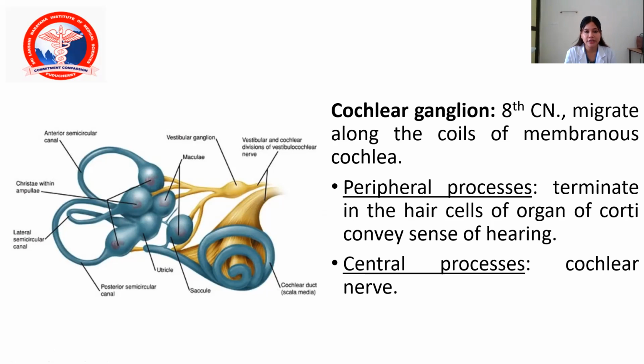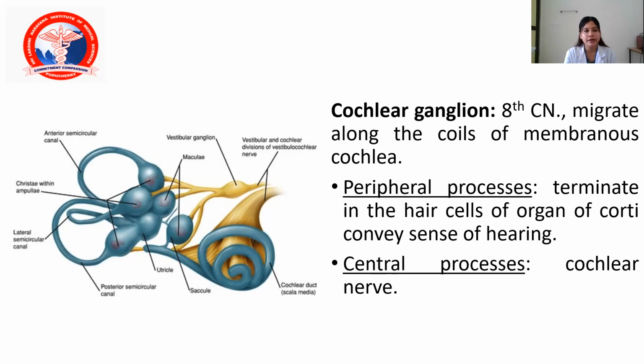As we know, the duct of cochlea is formed as a tubular diverticulum and after that it turns spirally. The cells are also migrating alongside the coils of this membranous cochlea. Because of that, the cochlear ganglion is also called the spiral ganglion.